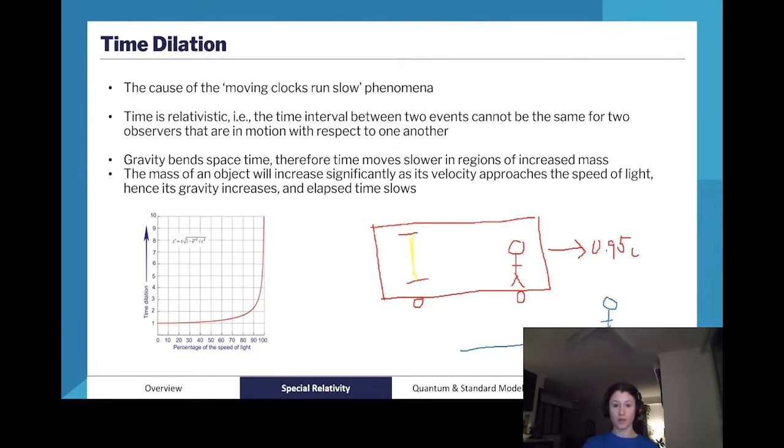So, instead of seeing just the light bouncing back and forth between those mirrors, and I'll just draw it off to the side here, he's seeing the train move as well, right? He's seeing the train moving, and as a result, the mirrors moving.